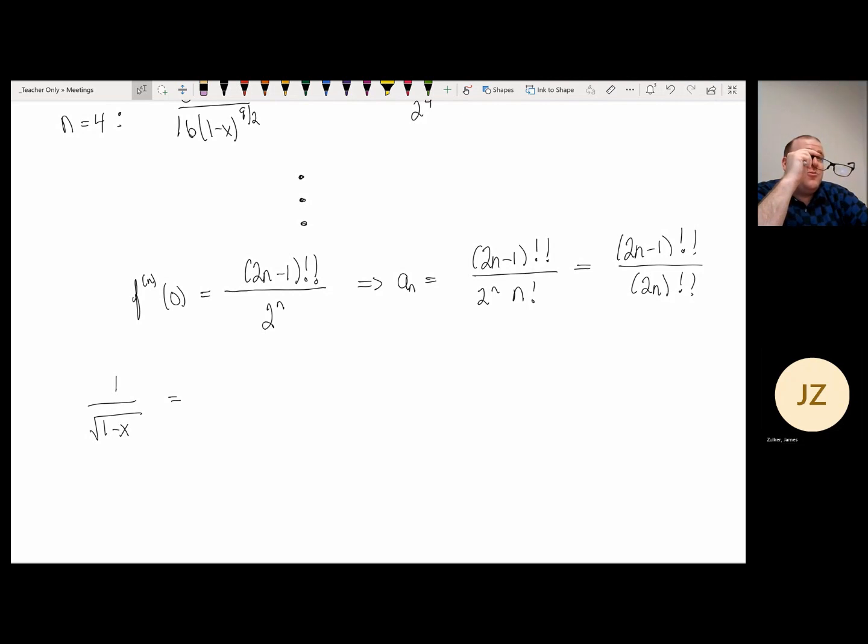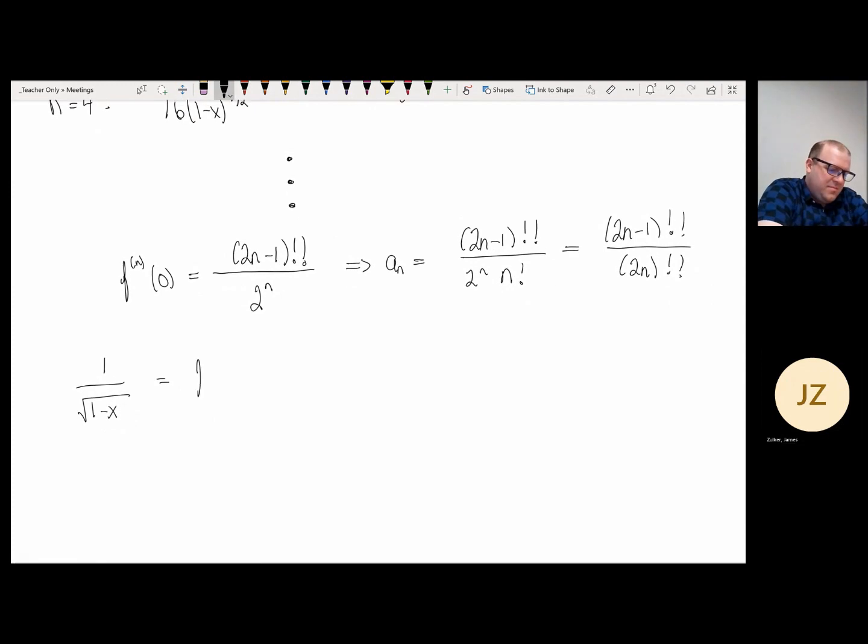There are two ways around this. I chose this way. The other way is to just shift the index.